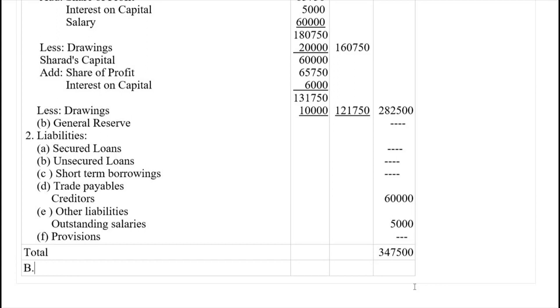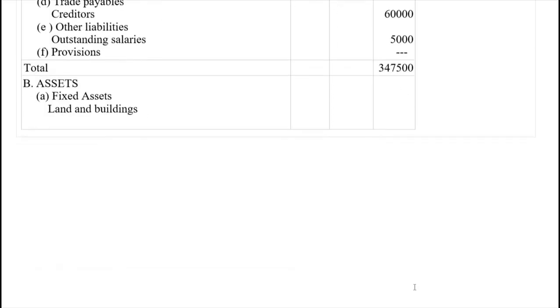Now let us take B, assets. A, fixed assets. So under fixed assets we have got land and building. Then we have got furniture.